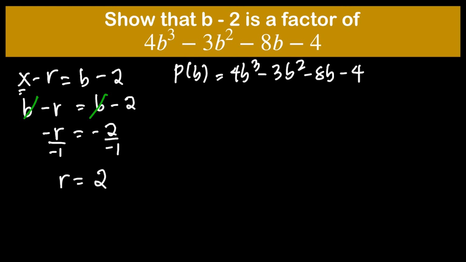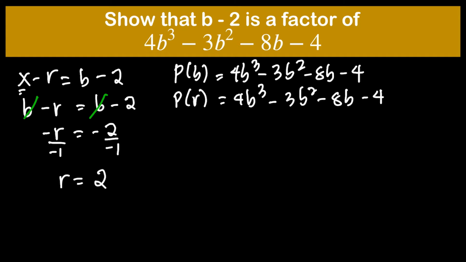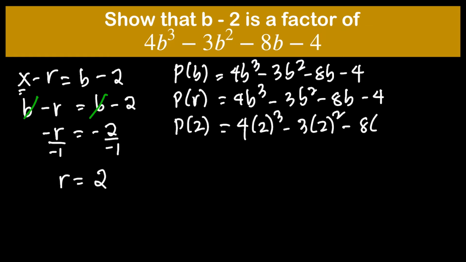So we have our p of r is equal to 4b cubed minus 3b squared minus 8b minus 4. And we know that our r is equal to 2, so we have p of 2 is equal to 4 times 2 cubed minus 3 times 2 squared minus 8 times 2 minus 4.